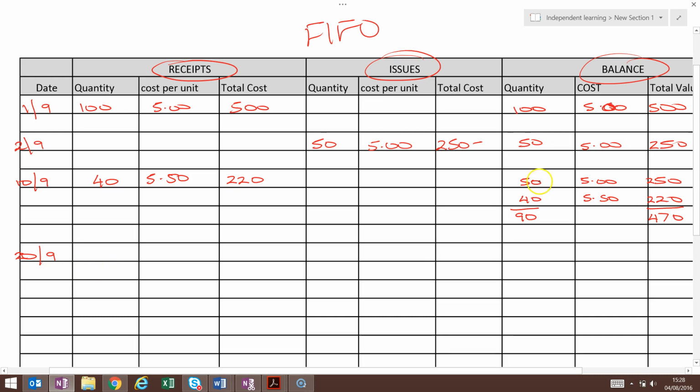Now if we have a look at our balance column, we can see that we have 90 in stock, 50 of them we paid £5 for, and then the other 40 we paid £5.50. Now we're doing first in, first out. The 50 that we paid at £5 for, they came in first, so we're going to issue those. So we're going to issue 50 at £5.